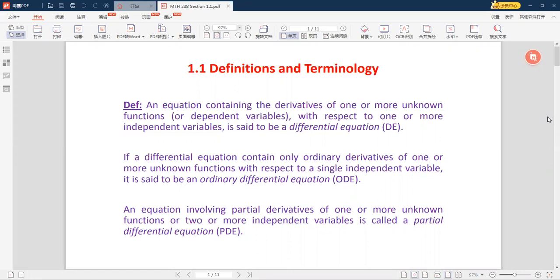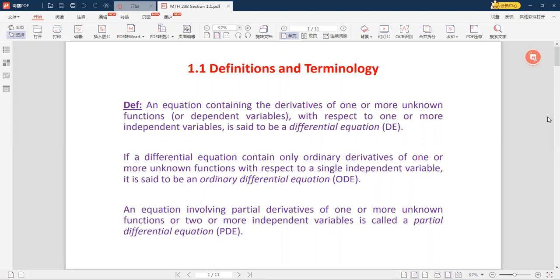One is called an ordinary differential equation. If a differential equation contains only ordinary derivatives of one or more unknown functions, or y, with respect to a single independent variable, x, it is said to be an ordinary differential equation. So we only have one independent variable, x.